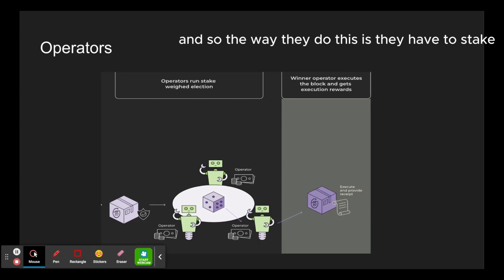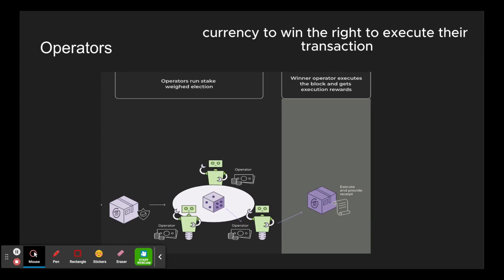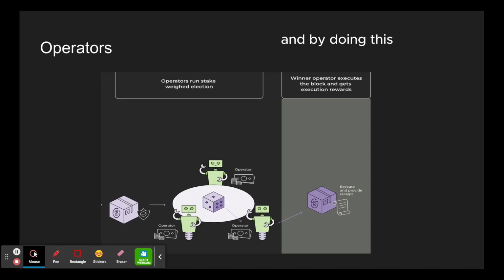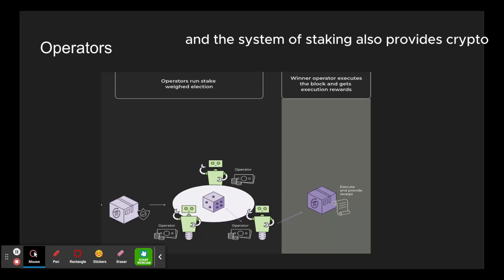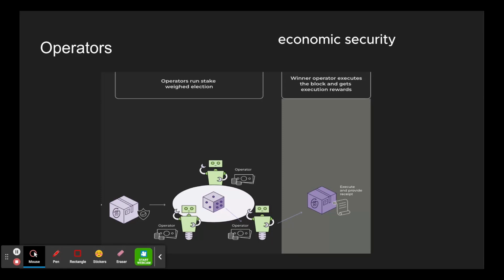The way they do this is they have to stake currency to win the right to execute transactions. Staking currency is when you lock up your currency to participate in execution and domain block production. By doing this, you get transaction fees. The system of staking also provides crypto economic security, because operators who have bad intentions and try to ruin the network lose their stake, making it financially inefficient to try and ruin the Subspace network.